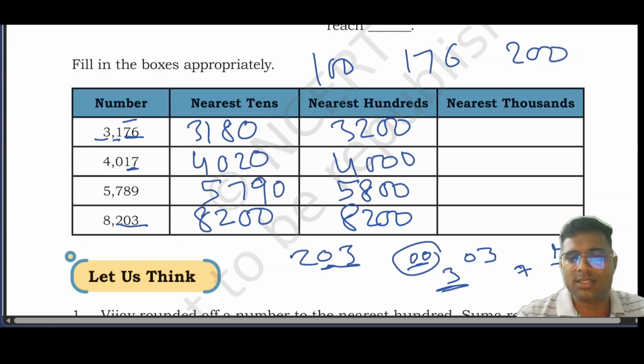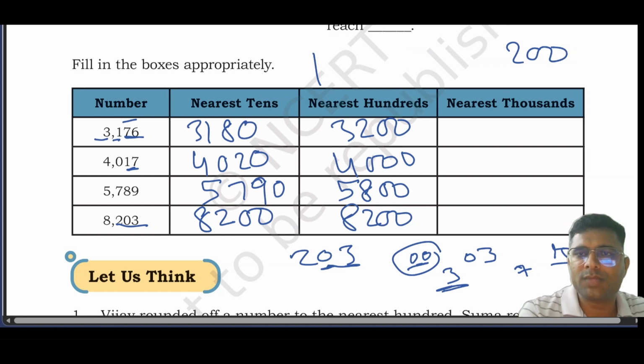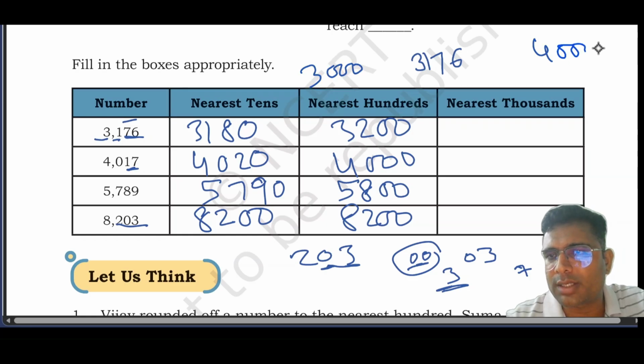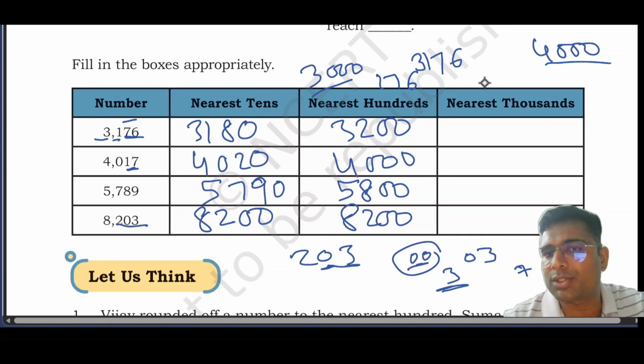Nearest 1000, this is also very interesting, but how will we find nearest 1000? So to find nearest 1000, take 3176, we have two choices. One is 3000, the other one is 4000. So you can easily see, to reach 3000 we have to go back just 176 steps, but to reach 4000, bachcho, we have to go forward 824 steps.